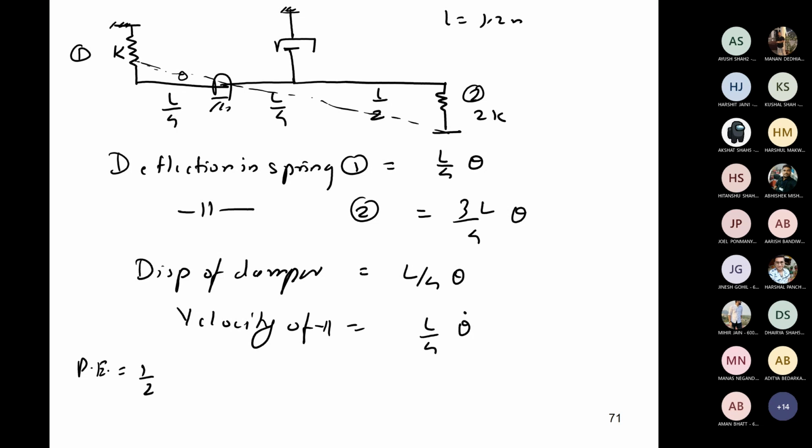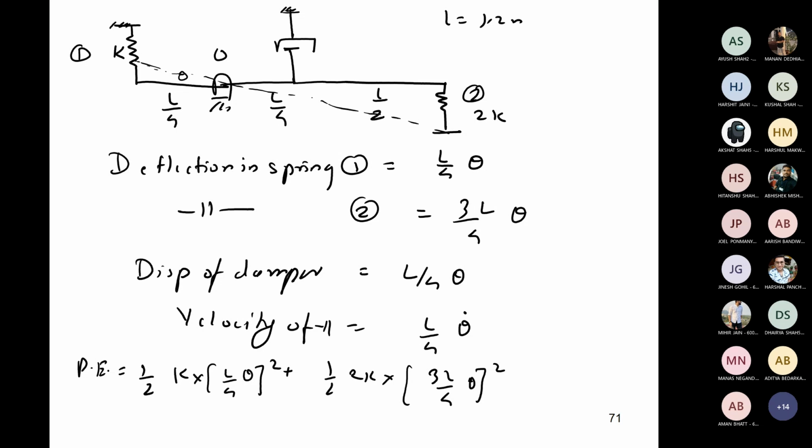Half K into L by 4 theta square plus half into 2K into 3L by 4 theta whole square. Okay. Kinetic energy will be, if this is the pivot O, half IO theta dot square.